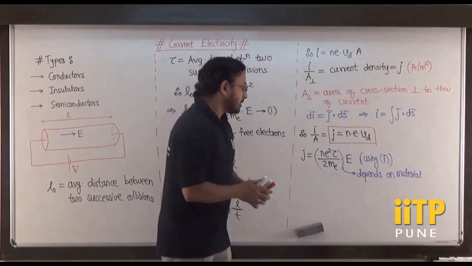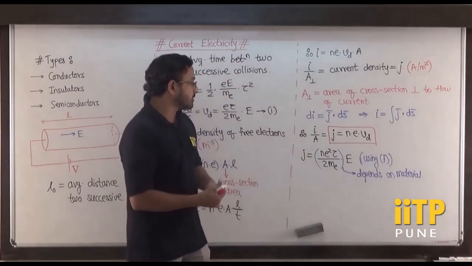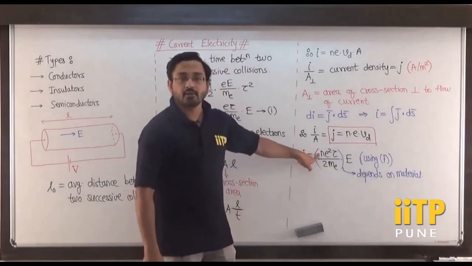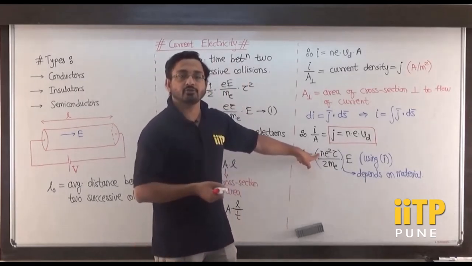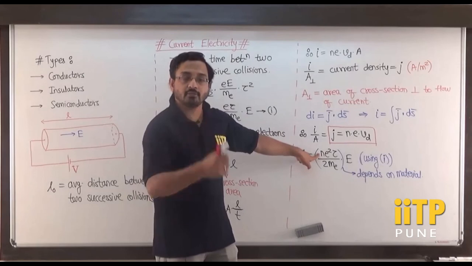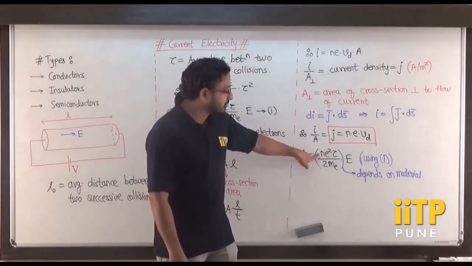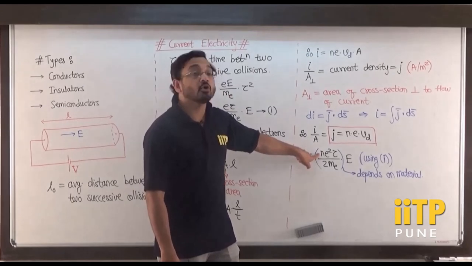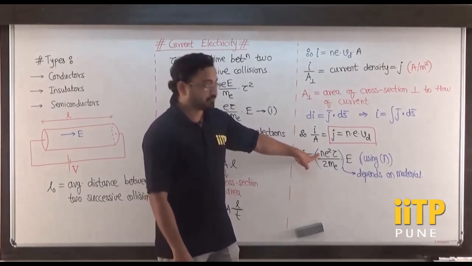Not only that, let's understand it in a little more detailed manner. Imagine you have a material where the number density is very high. That means you have many free electrons, so that material must be a good conductor of electricity.